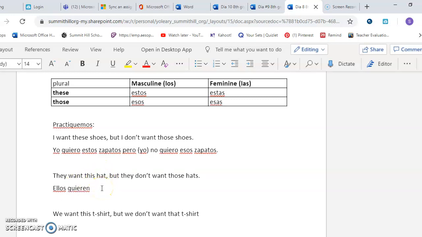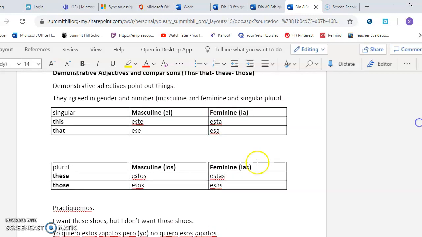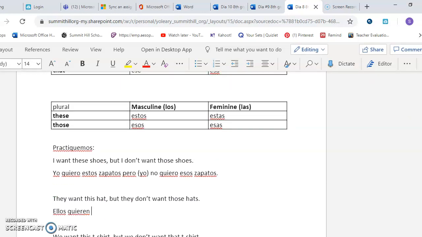Ooh, then I look it up. It's el sombrero. So then you look at the chart. El sombrero. El, masculine. And you need to figure out what they want you to write. This or that. So in this case it says ellos quieren este sombrero.